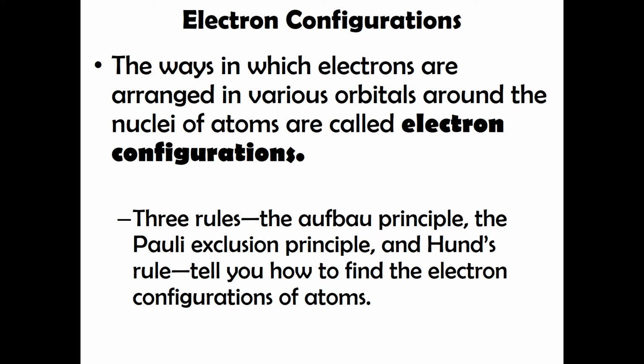Three rules, the Aufbau principle, the Pauli exclusion principle, and Hund's rule, tell you how to find the electron configuration. This is mainly going to be what the test is over, I believe, electron configuration. It's important to know where all the electrons are in the atom and to determine the valence electrons.